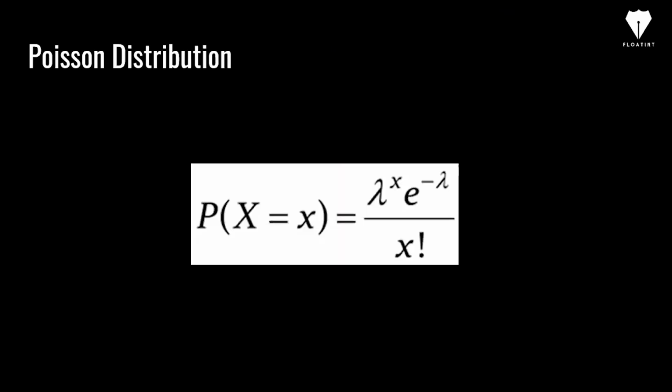Okay, moving on. This is the last distribution we'll be discussing among the discrete distributions. The name of this is the Poisson distribution. I'll explain this with an example. Let's say you are standing on a road and counting the number of cars passing by you.